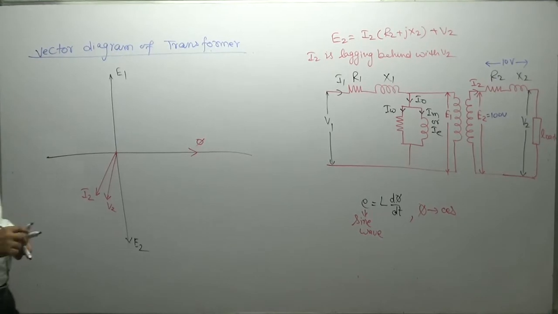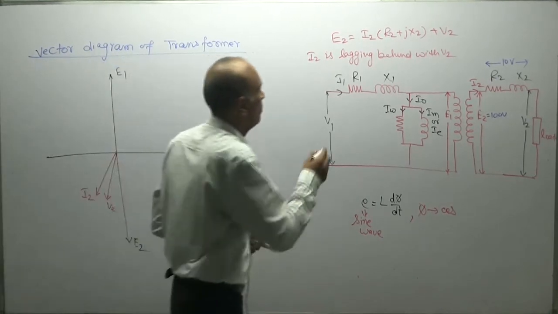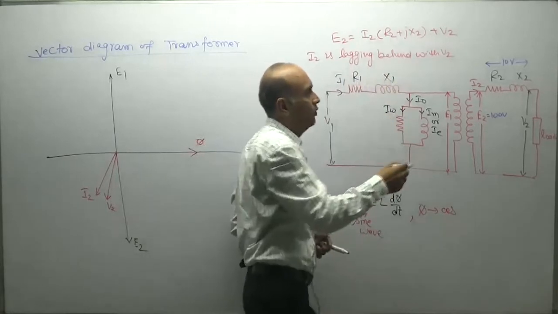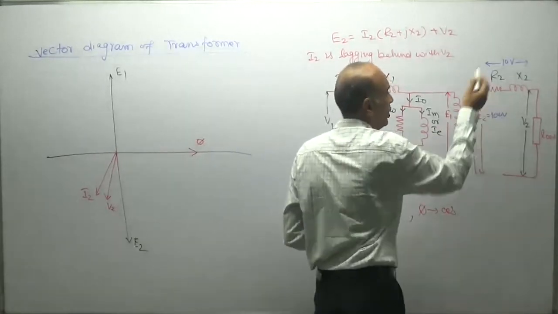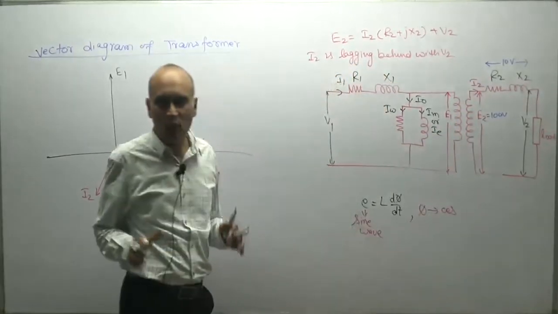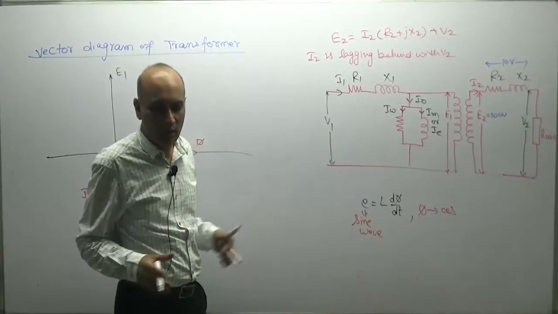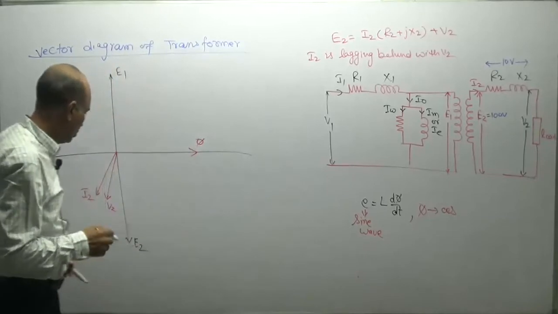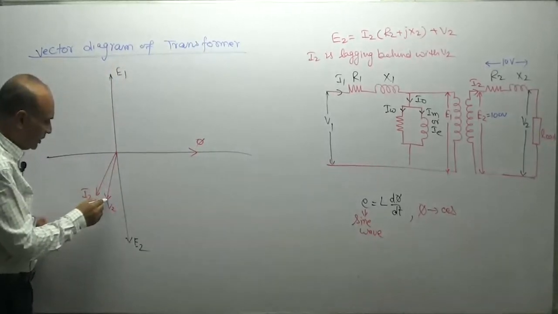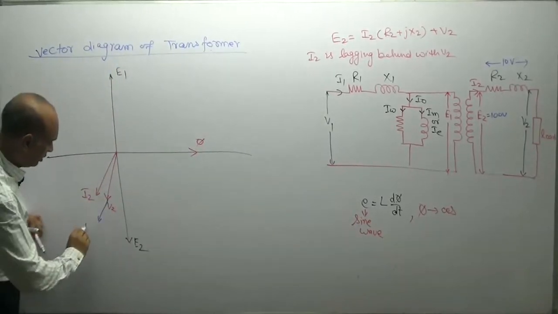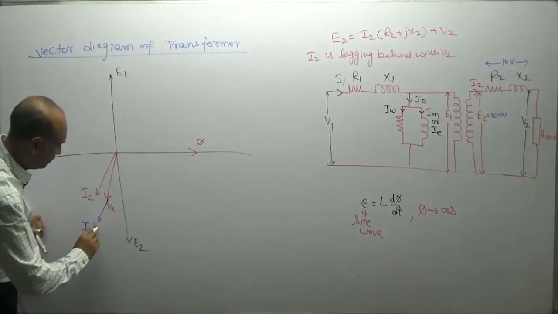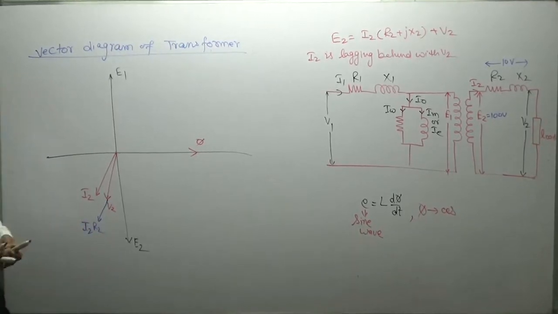So where will be the vector of I2 into R2? I2 into R2 is the voltage drop across resistance. So it will be the vector of I2 R2. Got the point?